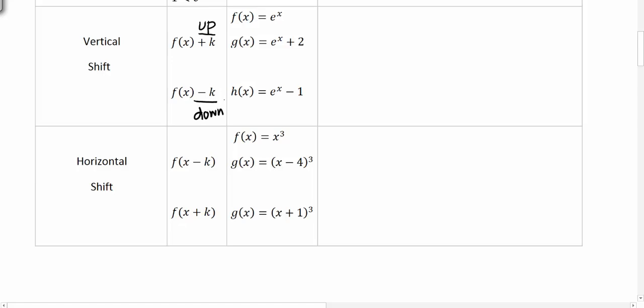So here, k is a constant. So consider the function e to the x. E to the x is exponential, and it crosses through at x equals 0, y equals 1.